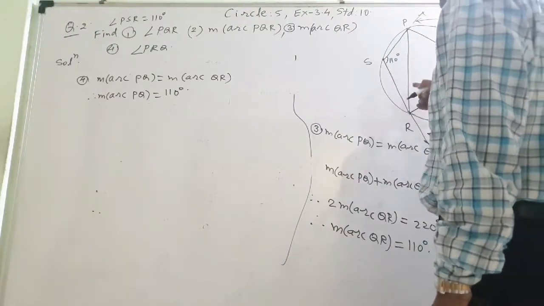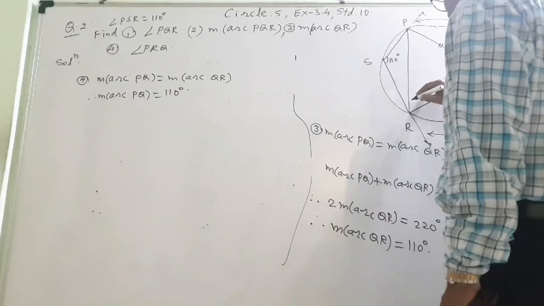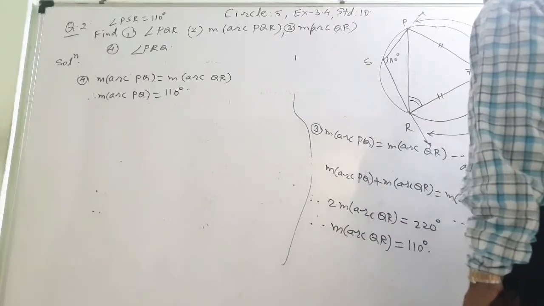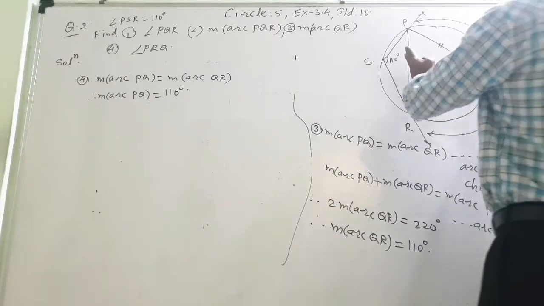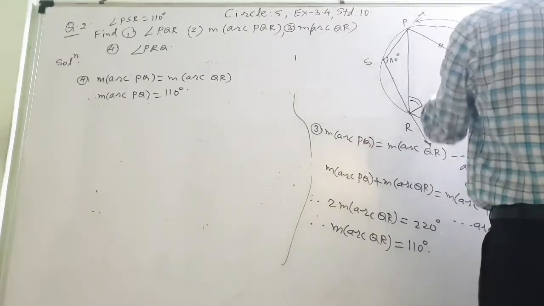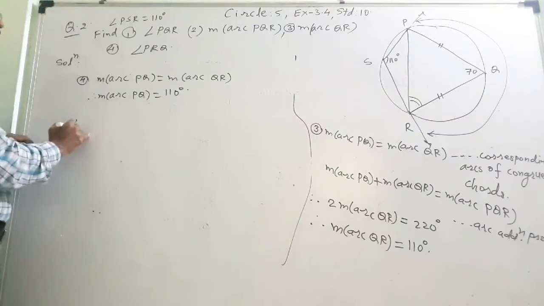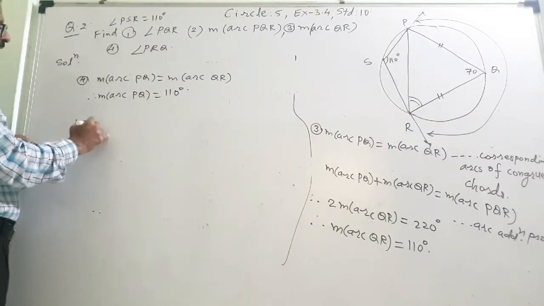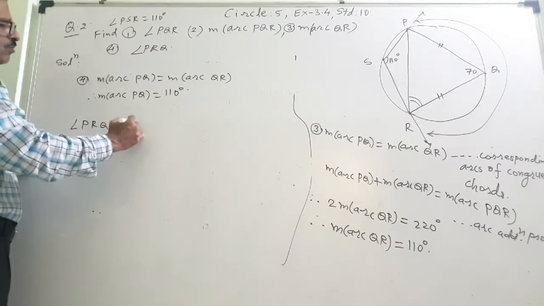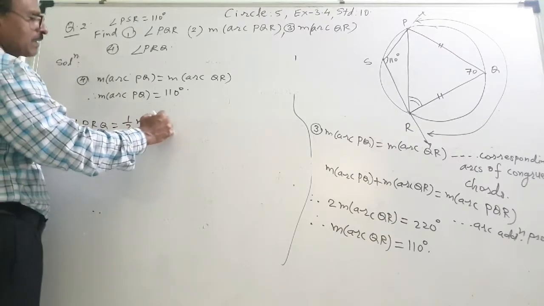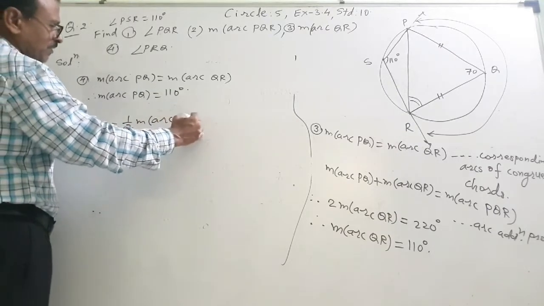But why am I searching this major arc PQ? Because I want this angle. See this, half of this major. So angle PRQ is equal to 1 upon 2 major arc PQ.